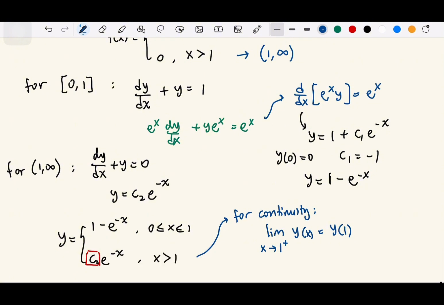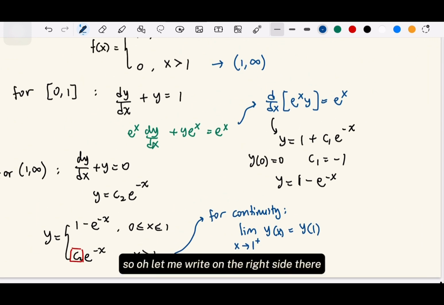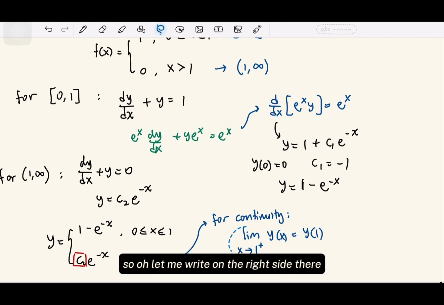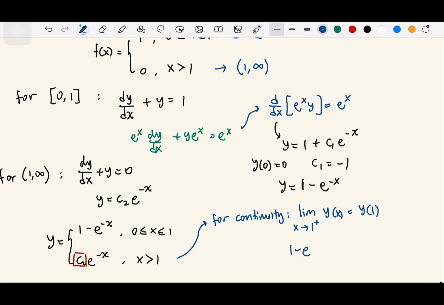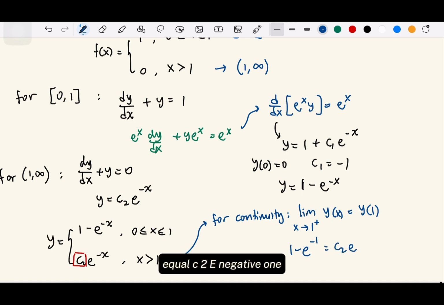Okay. Let me write on the right side there. So we need to make 1 minus e^(-1) equal c2 e^(-1).